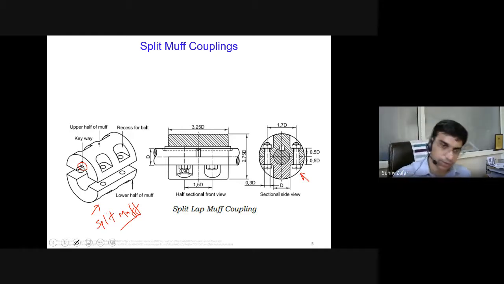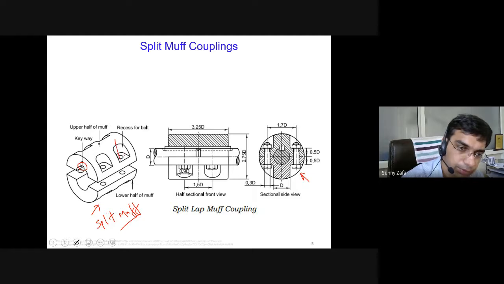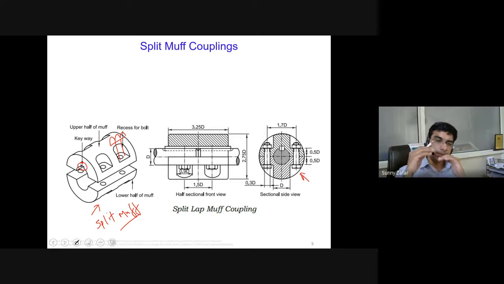If the bolts protrude out, they pose a risk to the people working near this coupling, because these protruded bolts may attract loose clothing or hair, or anything can get entangled. And since the shaft is rotating at a very high speed, there is a very favorable scenario for a hazard.